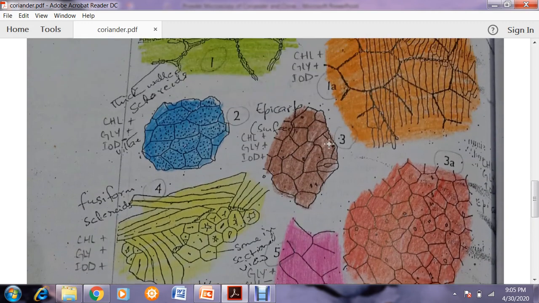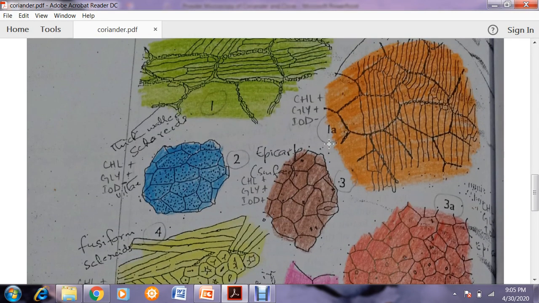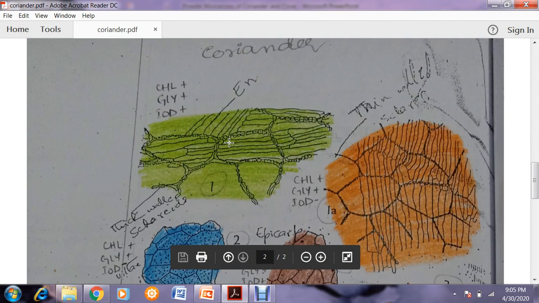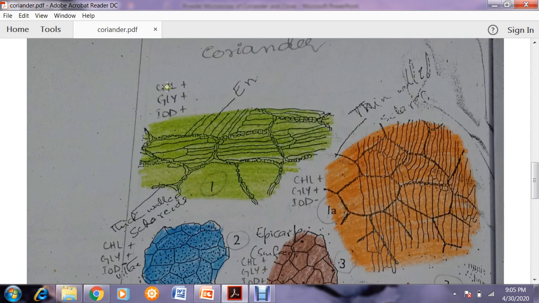We will make 3 slides with the help of chloral hydrate, glycerin and iodine, and here we will mention whether we were able to see each feature in all 3 slides, or whether in some slide it was absent. Like in number 1, the thick-walled mesocarp cells were seen in all 3 reagents, so a plus sign is mentioned.